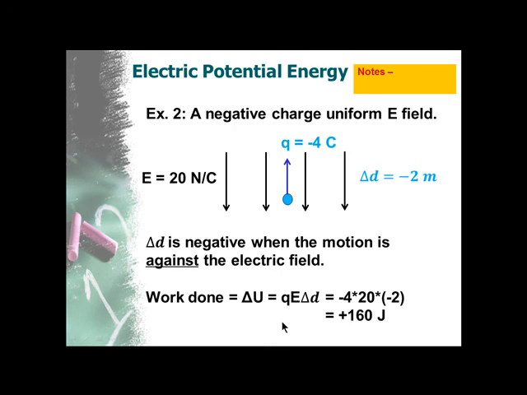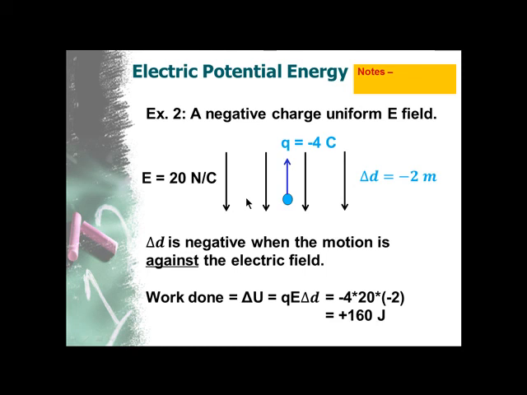Now that is a big difference between gravity and electric field. Electric field treats electrons differently than protons. It treats positive charge differently from negative charge. This one electric field is going to push positive charges down, but it's going to push negative charges up. And in both of those cases, it's doing positive work, okay?